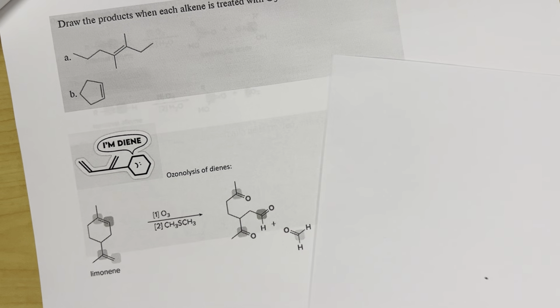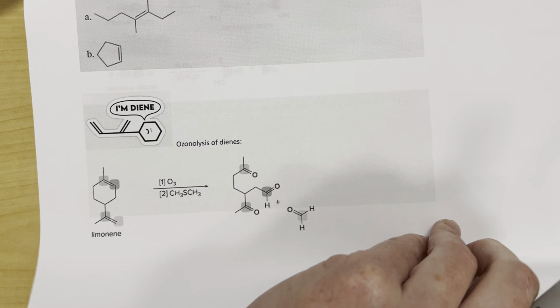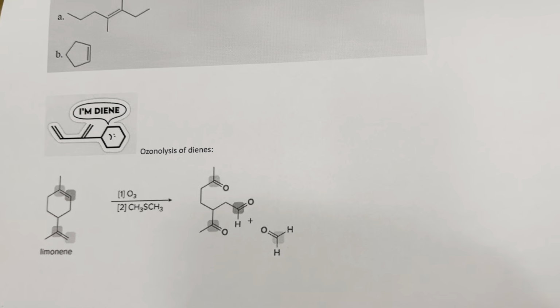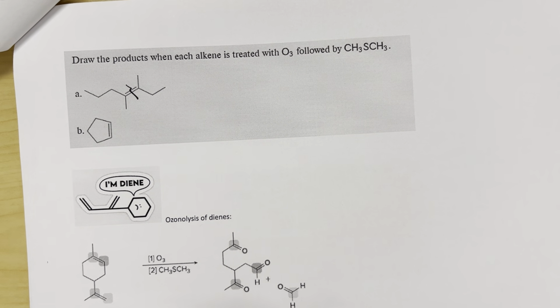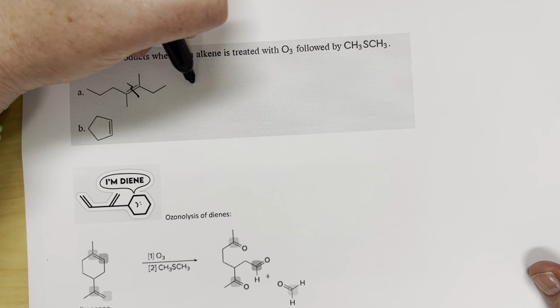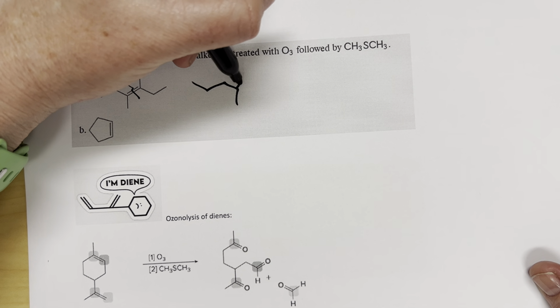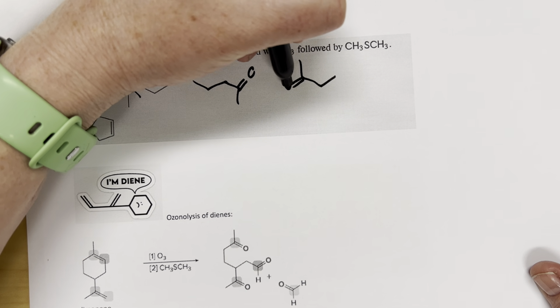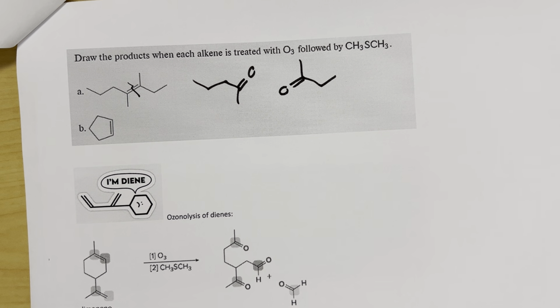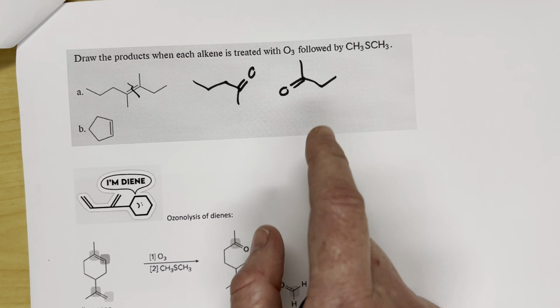All right, so the fun part about it is I think these are really not too horrible to draw. So all you do, again, break them apart, redraw each part with an oxygen on it, wherever the double bond was. Okay. So not too shabby, right?